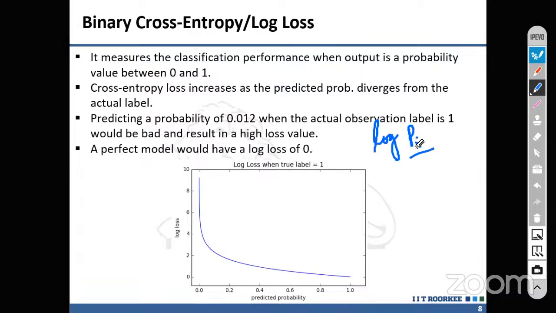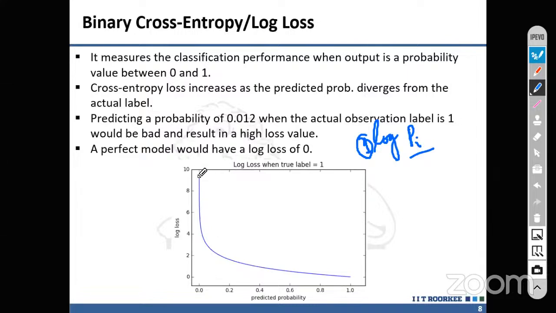Now, if you have the class level 1 and you are predicting class level 1 with a very small probability, like 0 or 0.1, then your loss will be very large. You see, this is the log function.